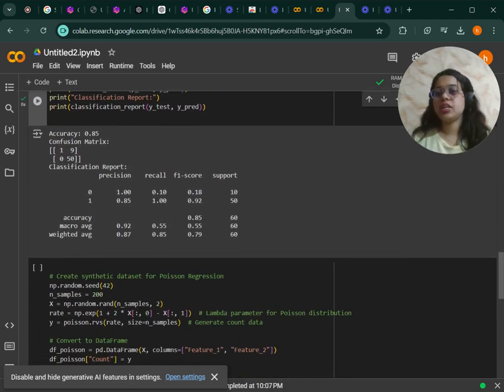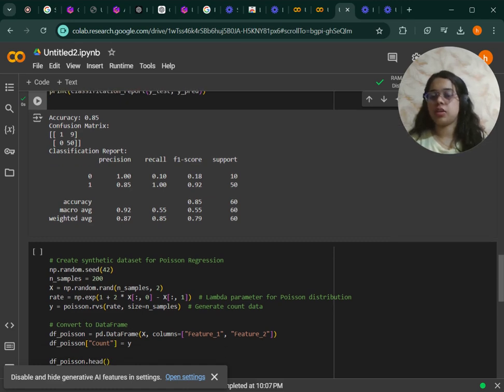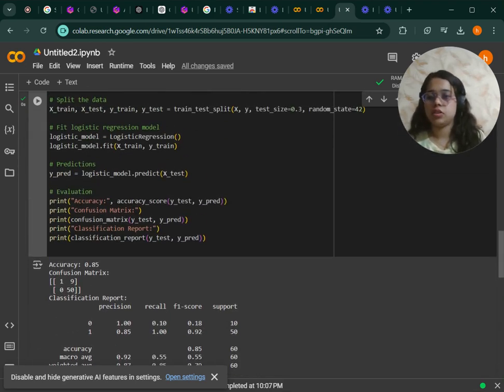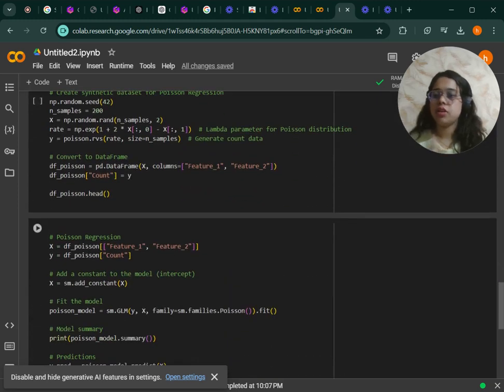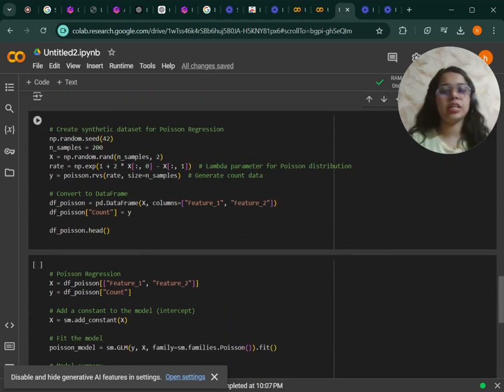So here is our classic accuracy, that is 0.85, which is quite a good mark, and the confusion matrix, showing true negative, false positive, false negative, and true positive, and our classification report that tells the precision, recall, F1 score, and support for 0 and 1. I think it's a great output from logistic regression. Now let's move to our synthetic dataset for Poisson regression.